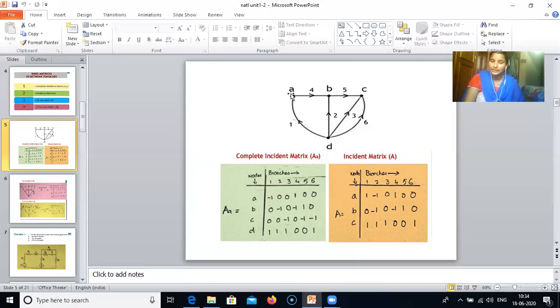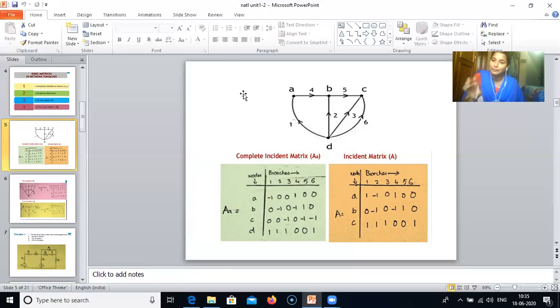So see here. With node A, what are the branches associated? 1 and 4 are associated with node A. 1 is entering and 4 is leaving. When a branch is entering that particular node, we represent it by -1. When a branch is leaving, we represent it by +1.